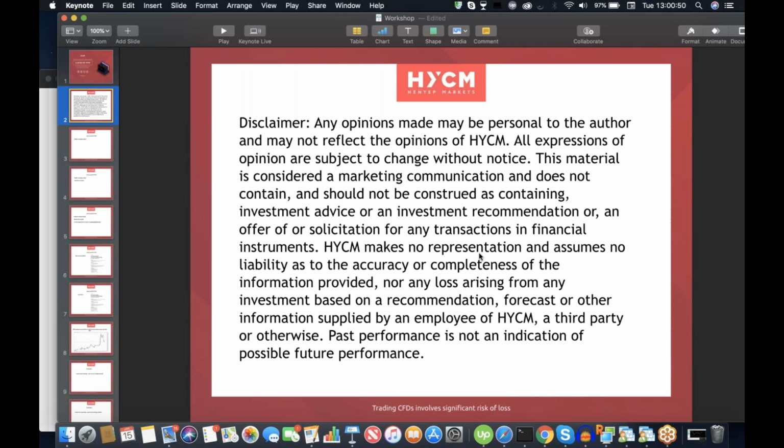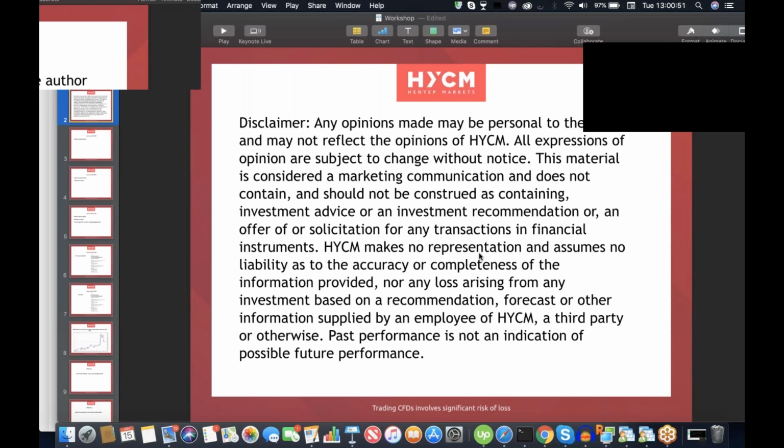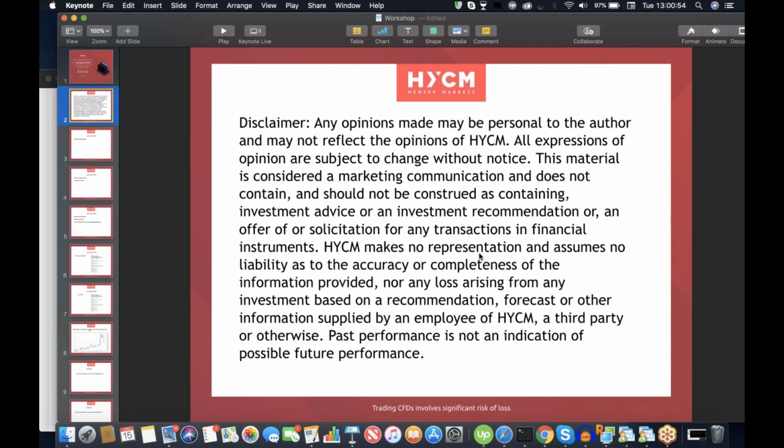As we start, I just want to make clear that as I'm talking through the market, we'll be looking at various technical places and various fundamental issues concerning different currencies, and nothing that's going on during this workshop is intended to be trading advice. The reason we're doing these workshops is to help educate traders so they can make decisions for themselves.